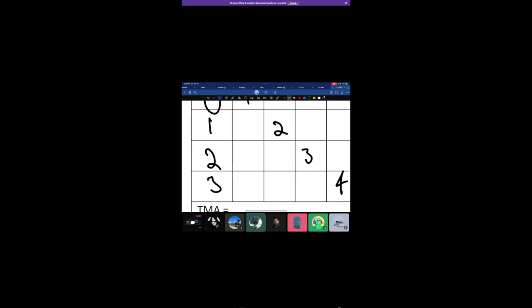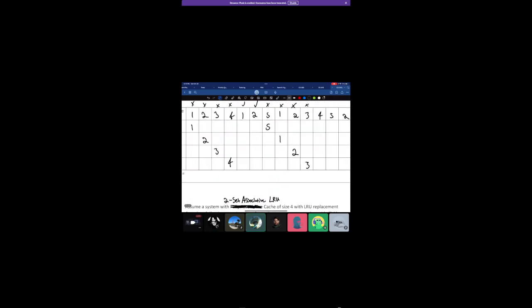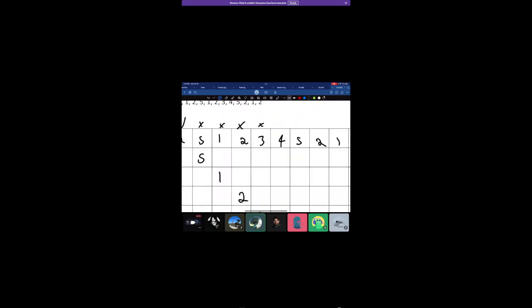Just think of it as staying sequential: you start here, go down, back up to the top, and keep going until you're done. So number 4, we get a miss.